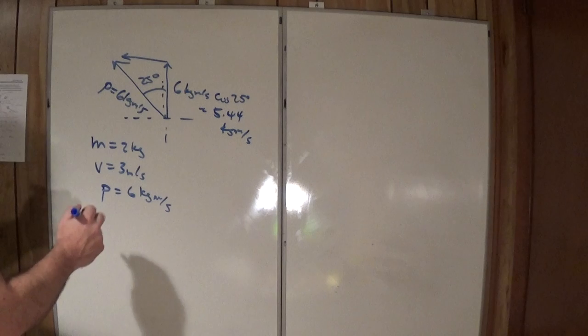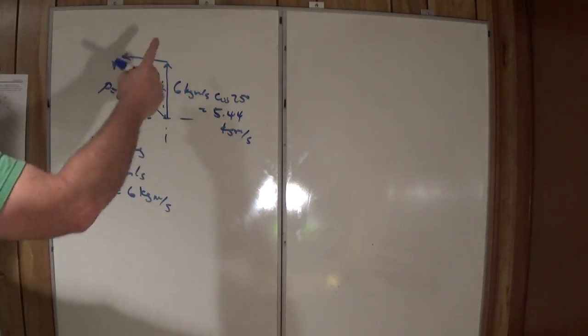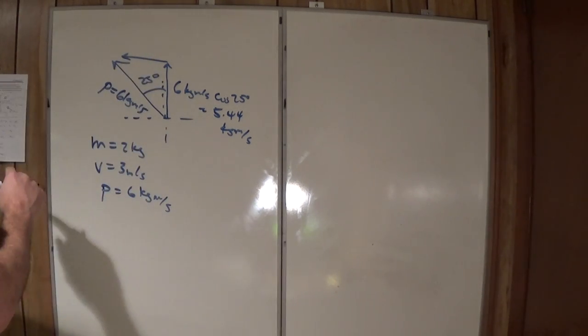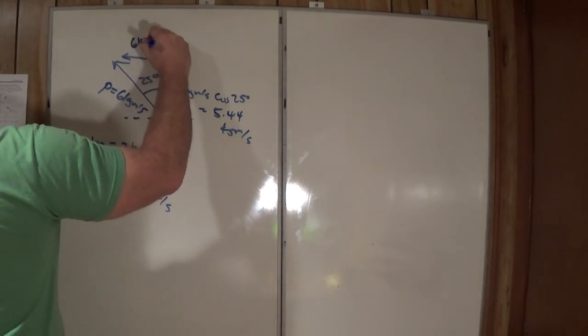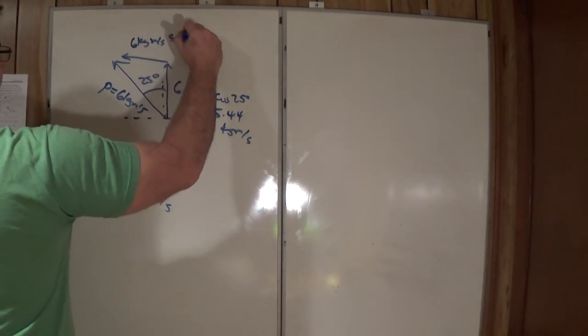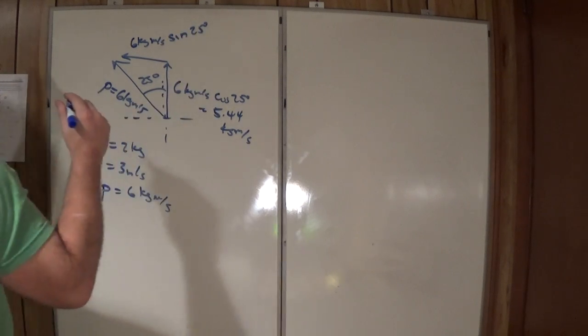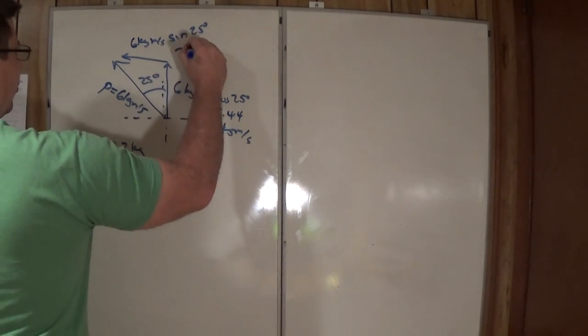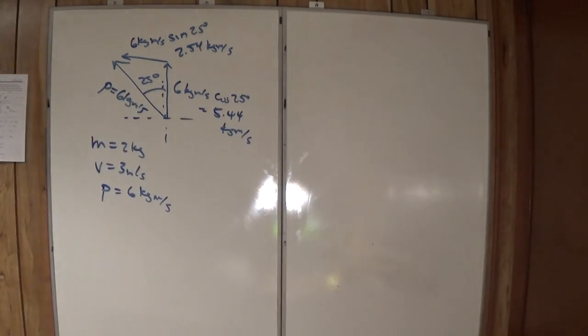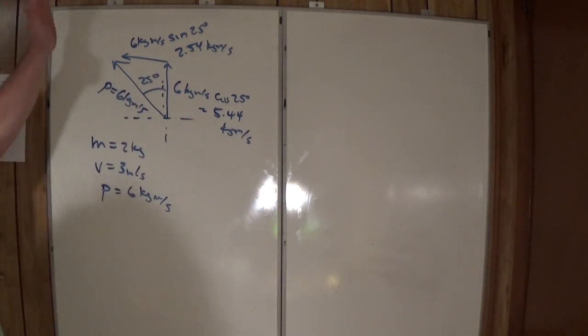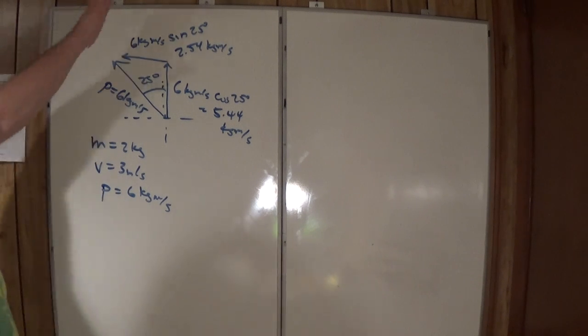Of course, it has the same units because this is a component of a momentum. And the westward component would be 6 times the sine of 25 degrees, which is 2.54 kilogram meter per second.